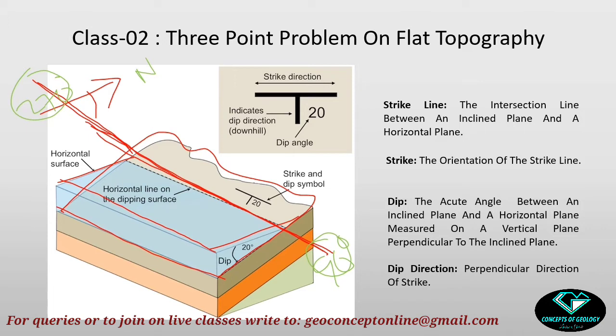Now if you are observing carefully, you will see that I have tried to draw the north arrow in the horizontal plane. Any kind of direction will be measured in a horizontal plane, and here my strike will also be measured in a horizontal plane.